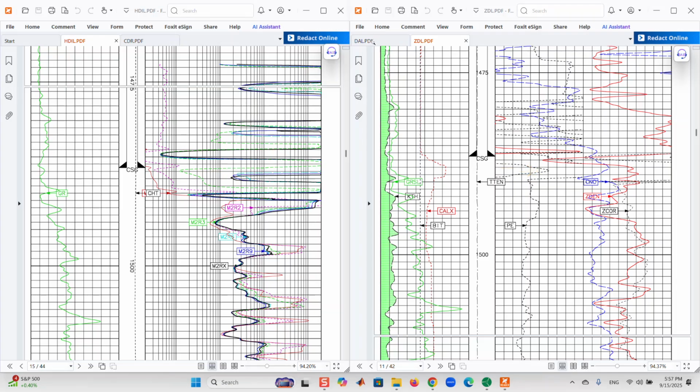Let's check the sonic log. How can we shift to the sonic DAL to check the readings?